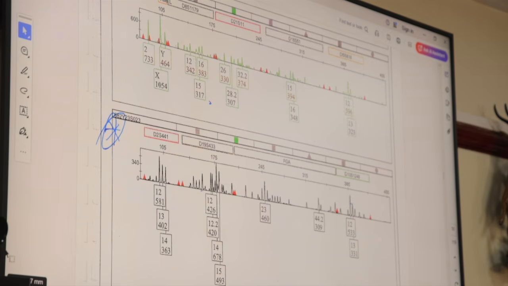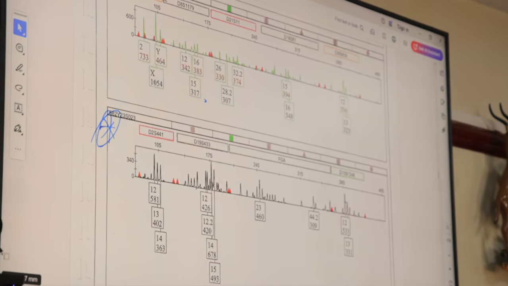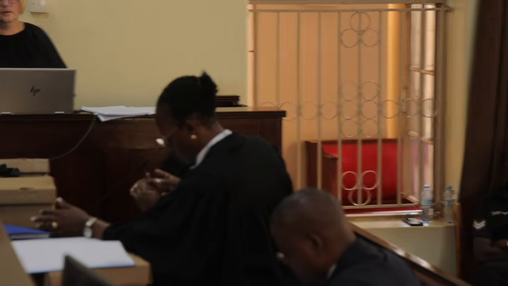I'll take you also to page 8 of your report. I would like you to confirm that by looking at an electropherogram, you as an expert can know if a profile is from a single source or if it has more than one contributor.